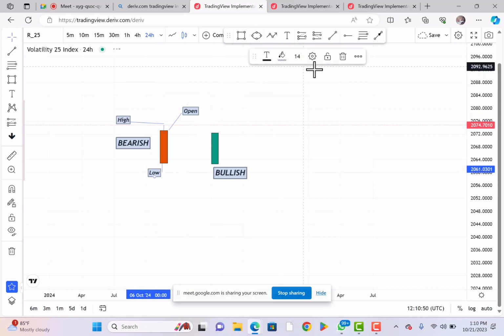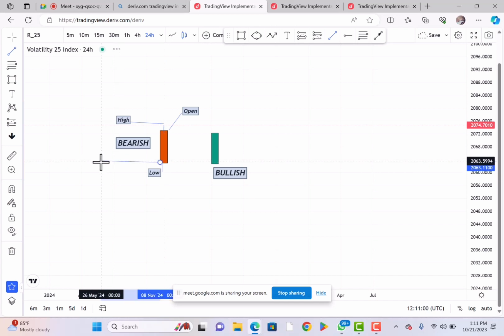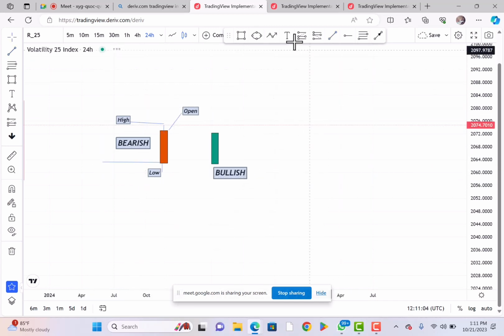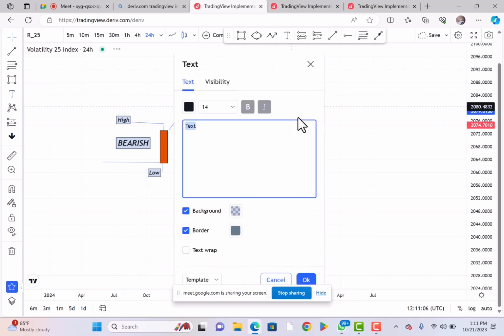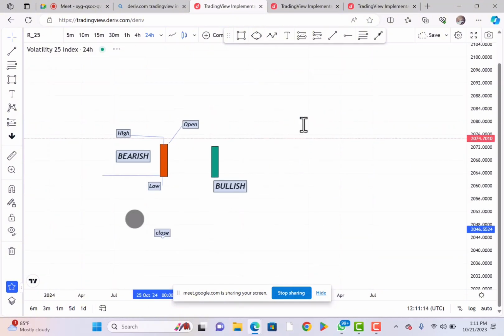This is the low, and this is the close. That is the close of the candle.